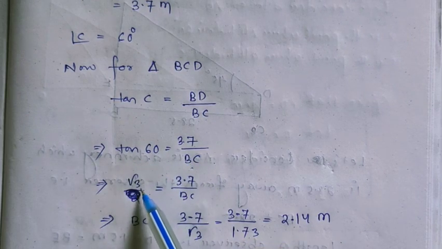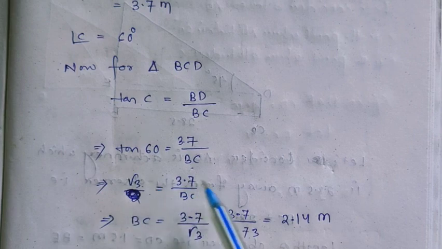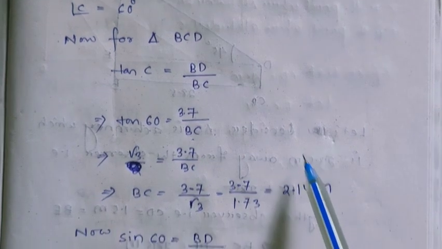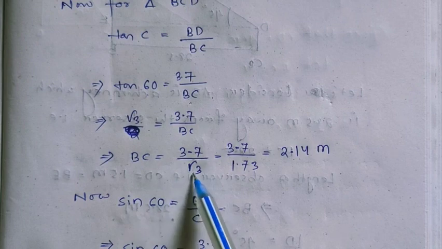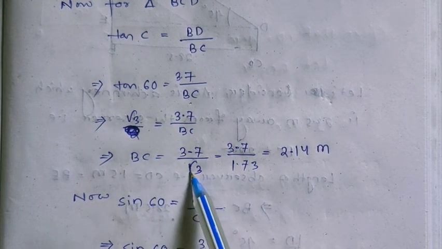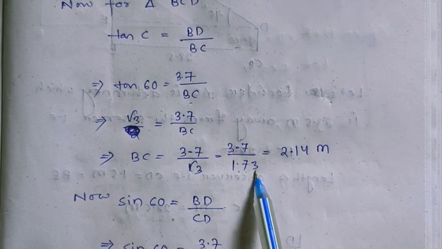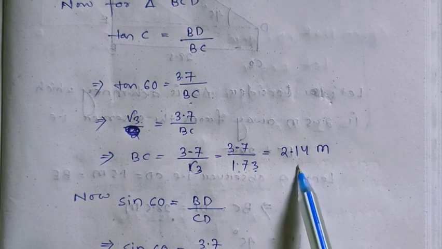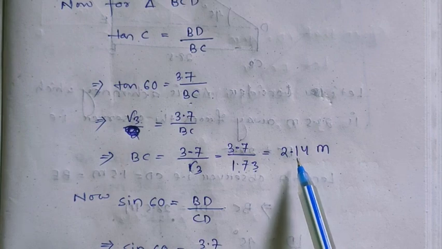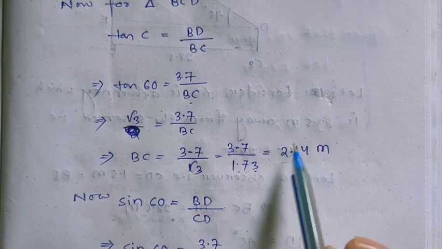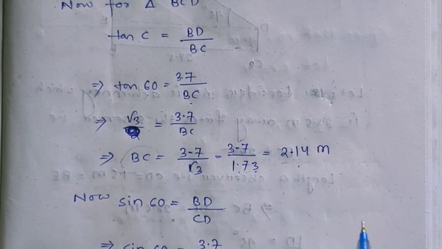This implies tan 60 is equal to root 3. Root 3 is equal to 3.7 by BC. This implies BC is equal to 3.7 divided by root 3, which is equal to 3.7 divided by 1.73, which is equal to 2.14. Right?